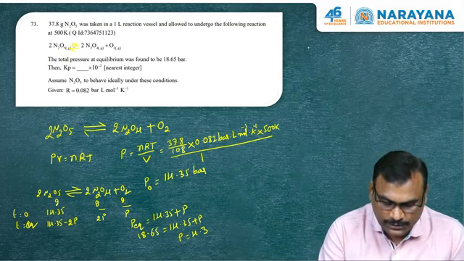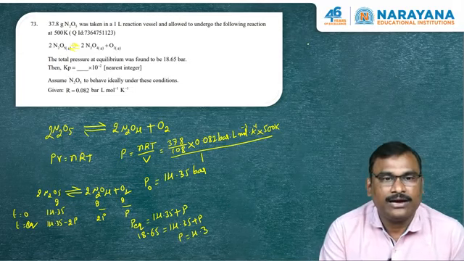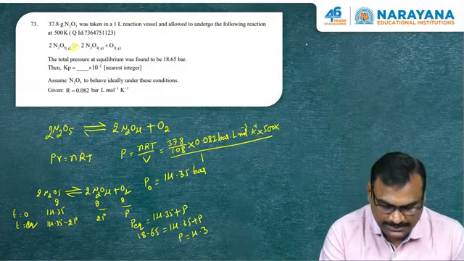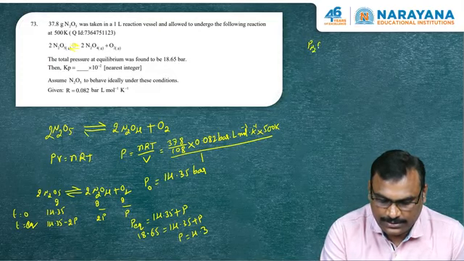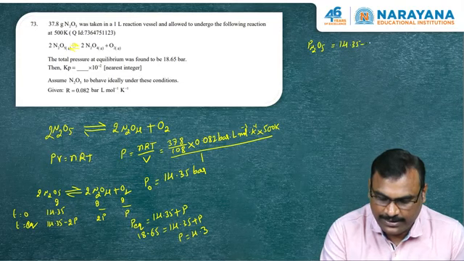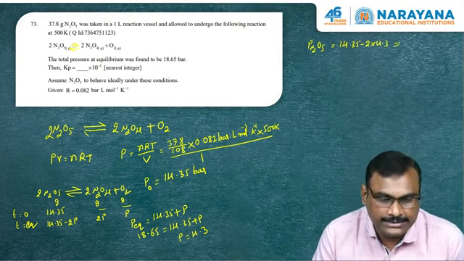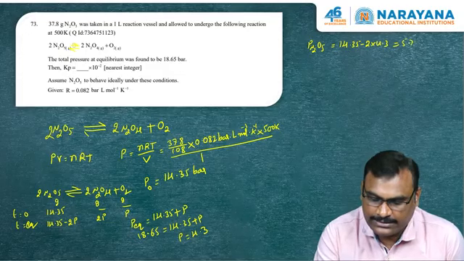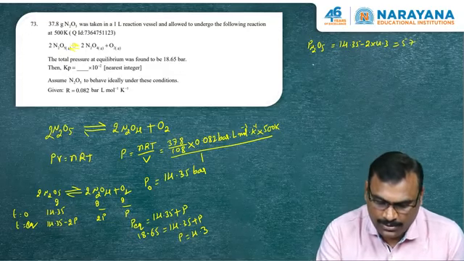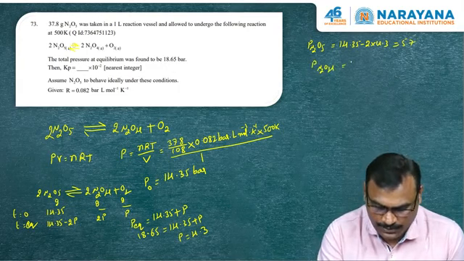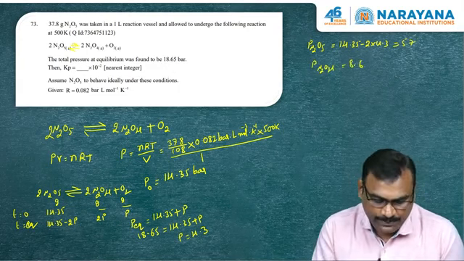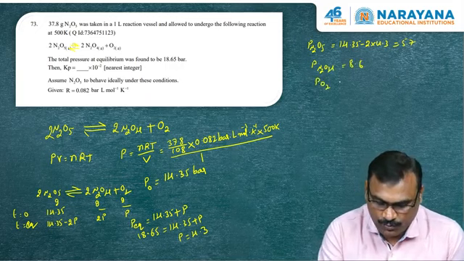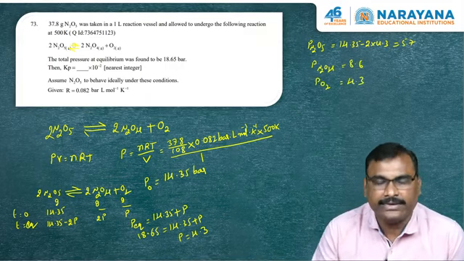After substituting the values, the pressure of N2O5 is equal to 14.35 minus 2 into 4.3, that is 5.75. Now the pressure of N2O4 is equal to 2p, that is 8.6, and the pressure of O2 is equal to 4.3.